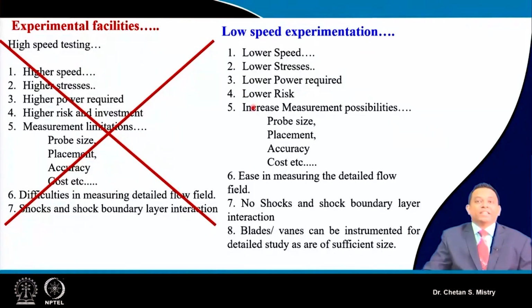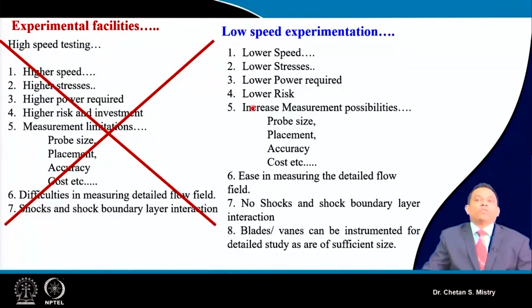It also increases the measurement possibilities, because now we have a flow that can easily be captured by using probes of specific dimensions. We can put them in the flow domain as per our expectation. We will get data in a more accurate form, and cost will also be reduced. We can go with detailed flow field measurement.